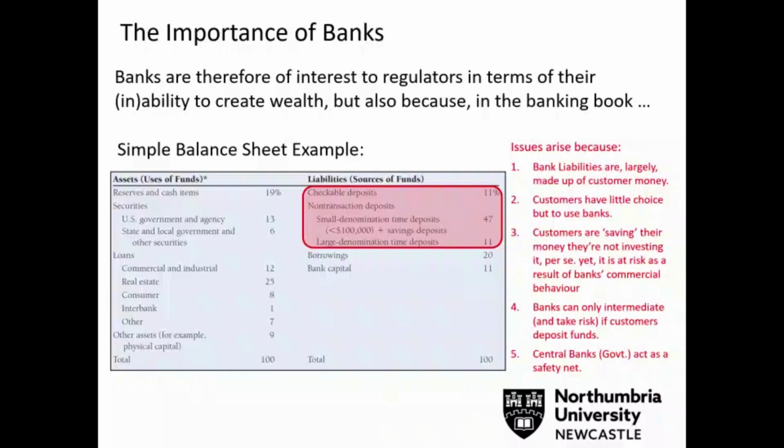But banks are not as simple as that. The banks also use borrowing, so they borrow from the financial markets, the money markets, to lend out to customers. And that's where we can potentially see lots of liquidity issues. That's what happened in the case of Northern Rock, which we'll cover again in this module. But also bank capital, ownership equity.